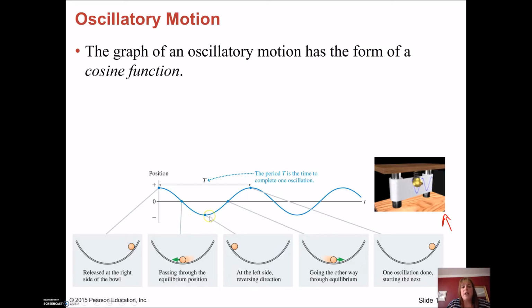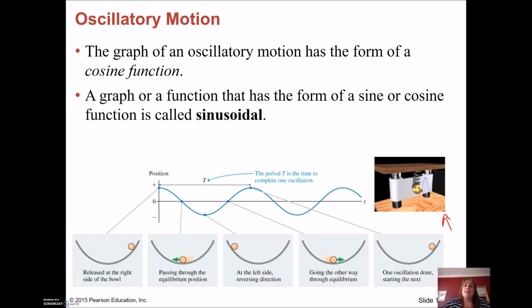So it keeps going. And so then it gets back up to some maximum height, which would be on the other side, and then back to the center of the bowl down at the bottom, but it keeps moving. And so it keeps following this oscillation.